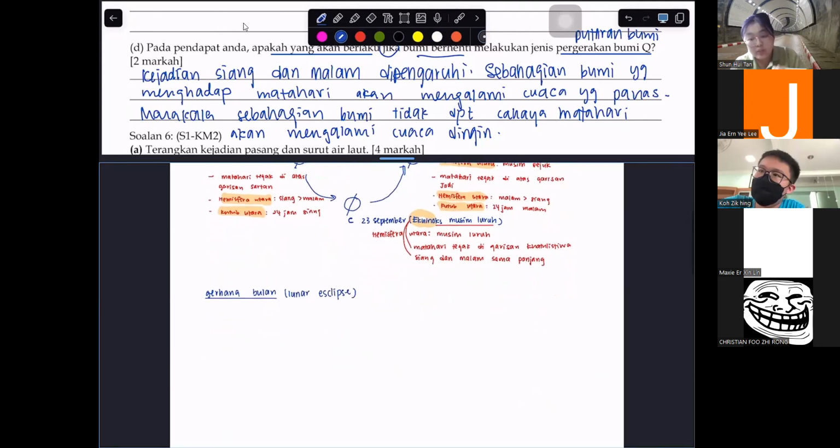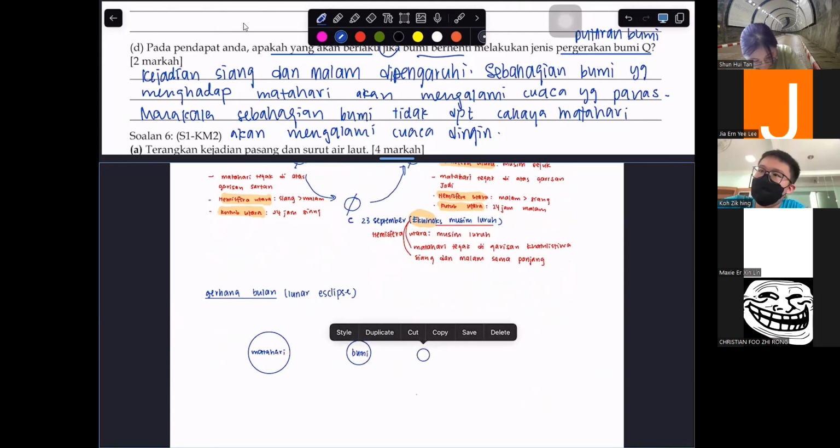Lunar eclipse happens when sun, matahari, and bumi, and bulan, okay, not enough space, I just write on top. Now, they are in one straight line, berada dalam satu garisan.